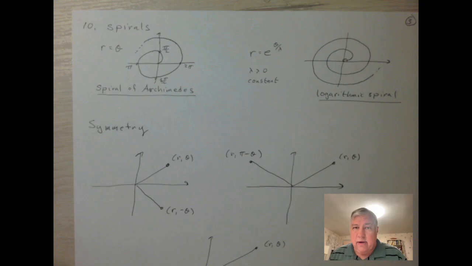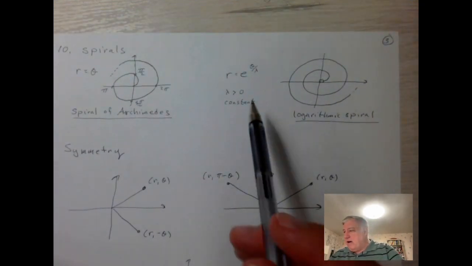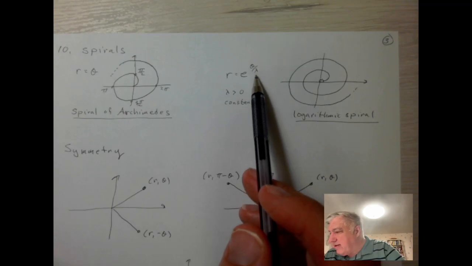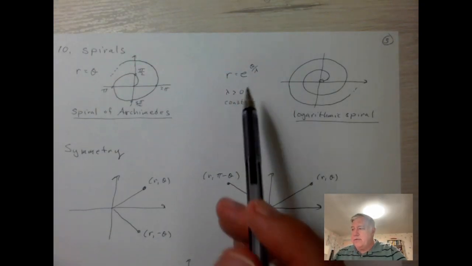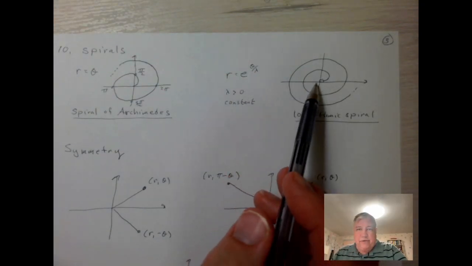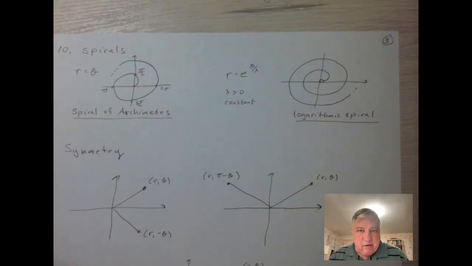And then we get a slightly different spiral if we have r equals e to the theta divided by some constant lambda. The thing here is, of course, this does not go through the origin, because e raised to any real number can never be 0. It's always strictly positive.